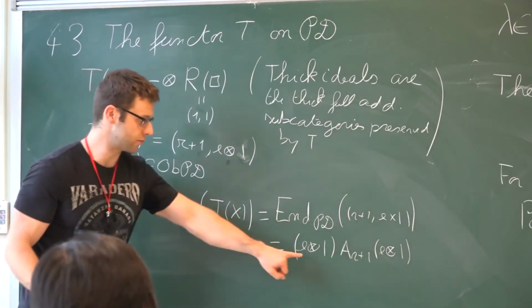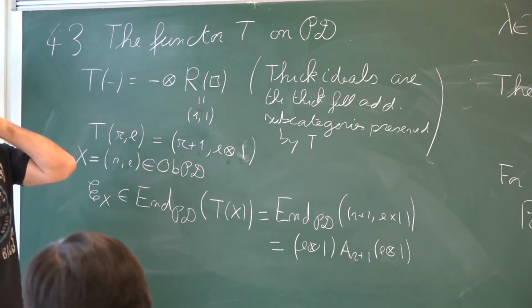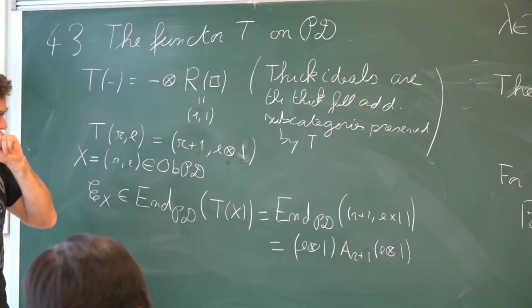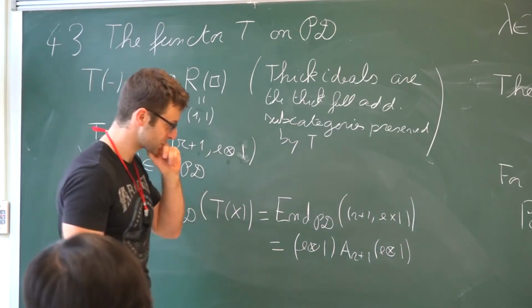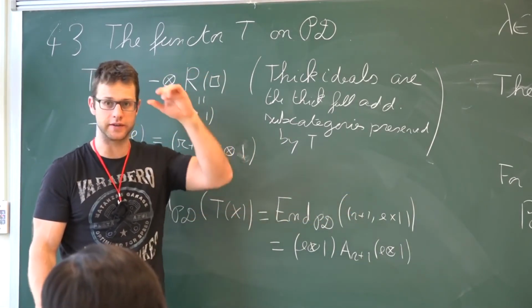This endomorphism algebra is given by this idempotent truncation of the paraplectic Brauer algebra. So this was how we defined morphisms in the paraplectic Deligne category.